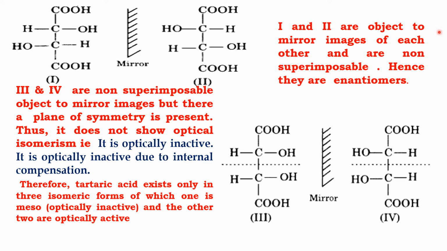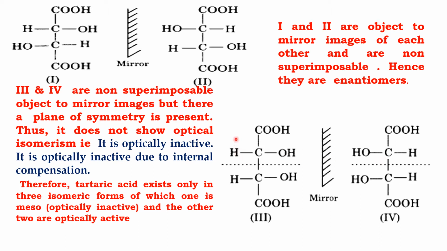So for tartaric acid, we expect 4 isomers. 1 and 2 are optically active, while 3 and 4 are not optically active because 3 and 4 contain a plane of symmetry and hence the optical activity gets cancelled each other.